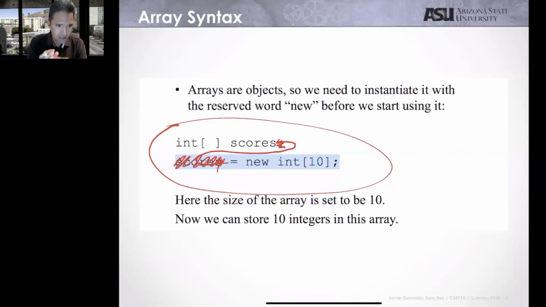Is it int, the bracket, scores equal new int 10? Yes, thank you. So, that one is going to create an array. How many elements in the array?